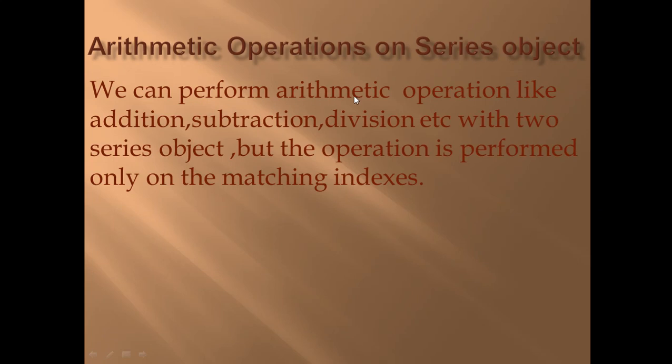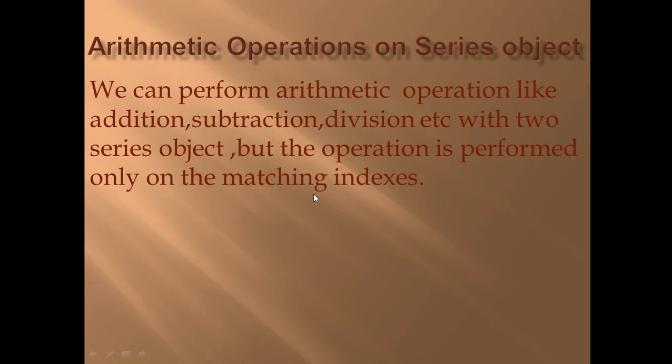We can perform arithmetic operations with two series objects, because arithmetic operations are binary operations, so you need two operands. Here that means two series objects. But the operation is performed only on the matching indexes. This is a very important line regarding arithmetic operations on series.